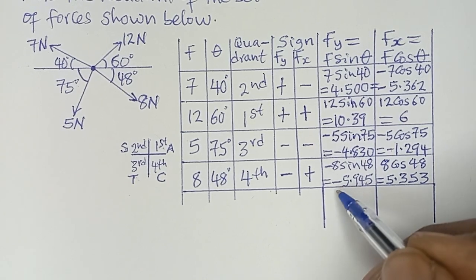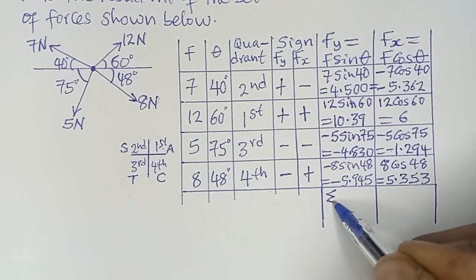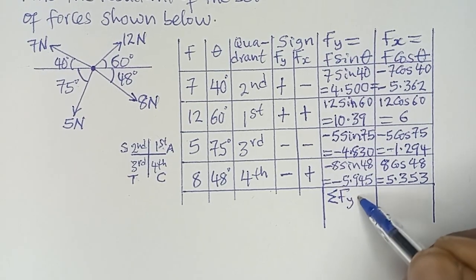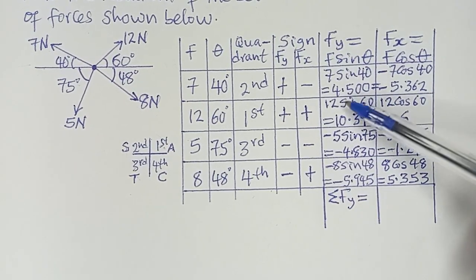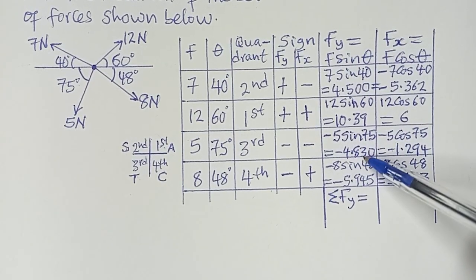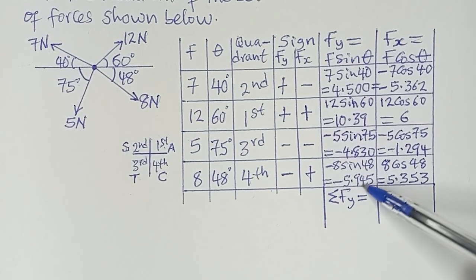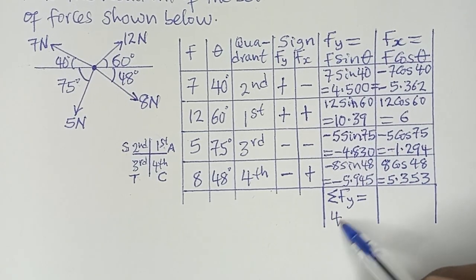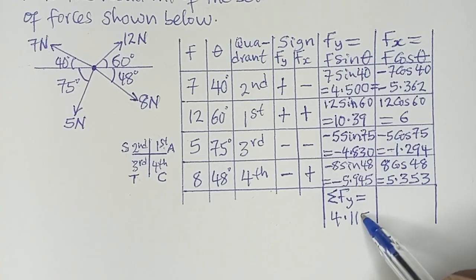The summation of f of y is, when we add 4.5, 10.39, negative 4.83 and negative 5.945, positive 4.115.